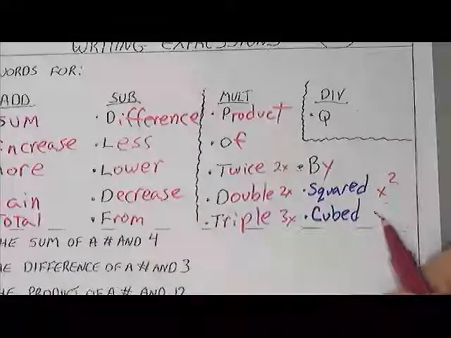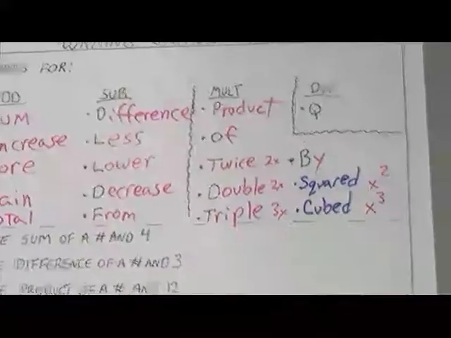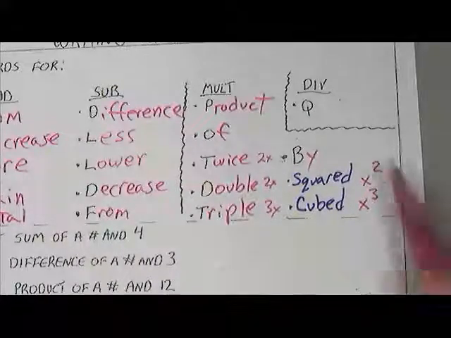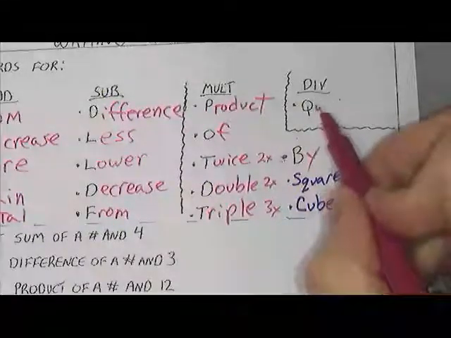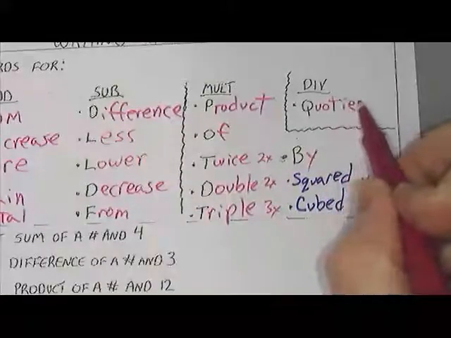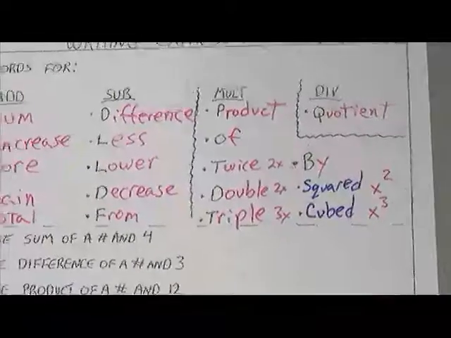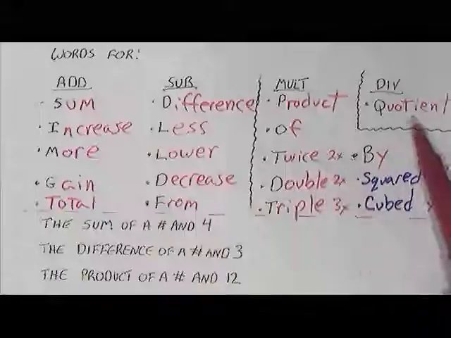Cubed means to the 3rd power, an exponent of 3. And the last one for division up here that you'll see, besides the word divide, is quotient. Quotient means divide. So these words tell you if you're adding, subtracting, multiplying, or dividing.